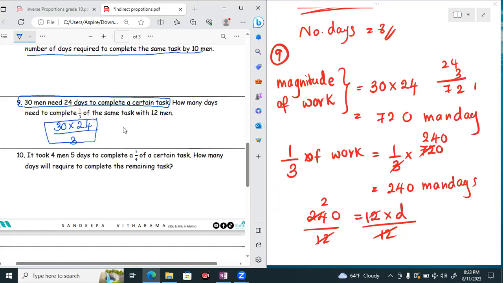It is equals to 12 times D. Then to find D, that means number of days, you divide 30 times 24 over 3 times 12 equals D. Then 24 divided by 12 is 2. 30 divided by 3, it is 10. 10 into 2, it is 20.